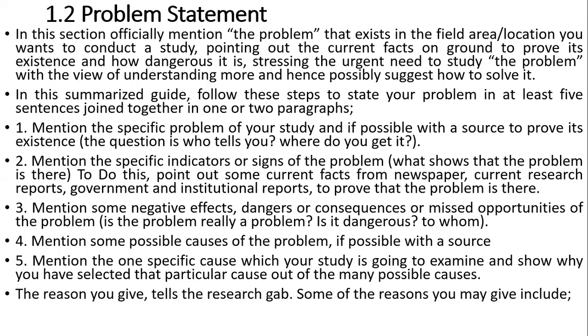It is you to locate the facts on ground by getting them from these sources: the newspapers, the current research reports, government reports, or if you are doing research about institutions, it can be institutional reports, or it can be even those international organizational reports like World Bank, UN, and so on, who always have current information about situations in many other countries.